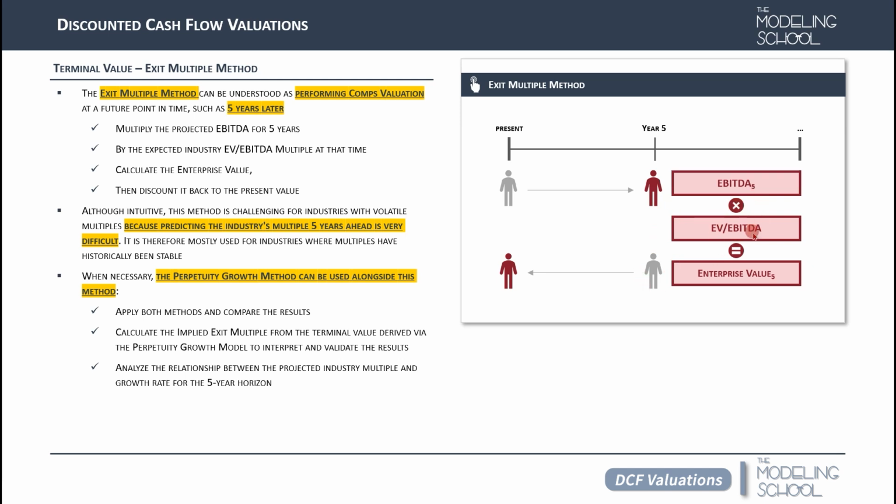Personally, I think in most industries, it's almost impossible. But in case the industry's multiple has historically been very consistent every year, and those are usually industries that are already mature in their stage of growth, for example, consumer goods, financials, telcos, and so on, maybe for those kinds of companies the exit multiple method might be applicable.